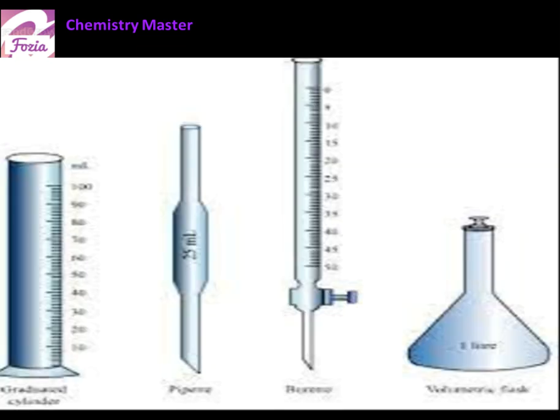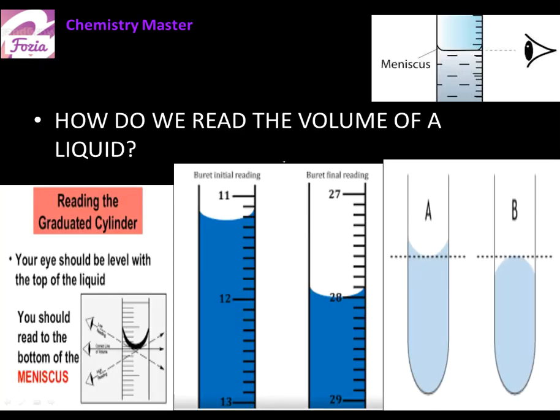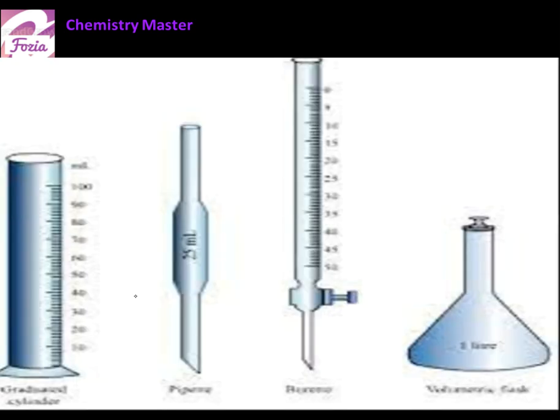Now I tell you something very important about the burettes, the pipettes, or the measuring cylinder. What's so special about them? Whenever you are doing an experiment in the lab and you are asked to measure or record the reading, then you will be in trouble.